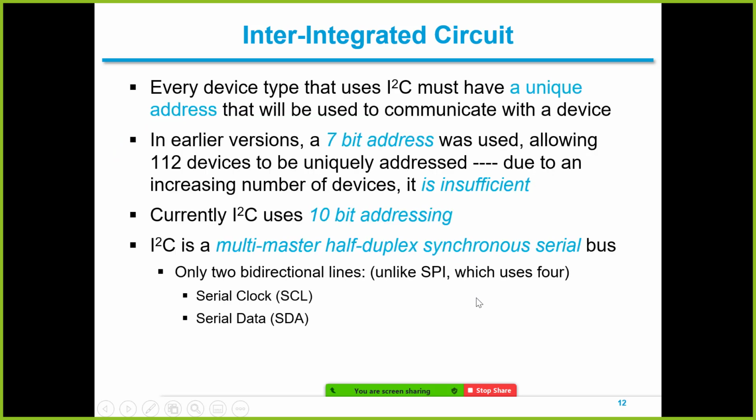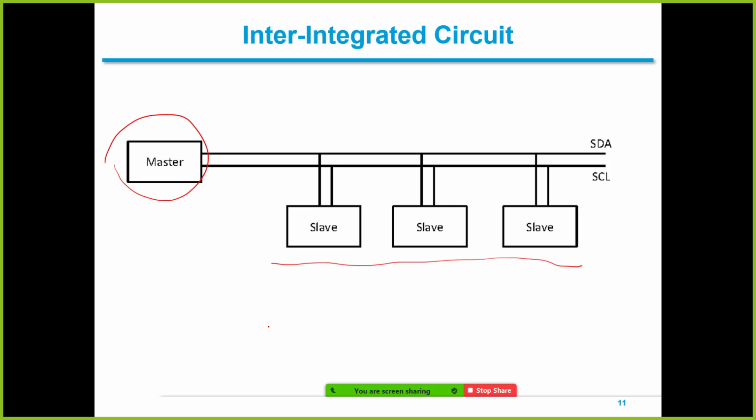Let's see what these two buses are. This SCL is the serial clock bus, and this SDA is the serial data bus. So they share these two buses. Serial clock, serial data.